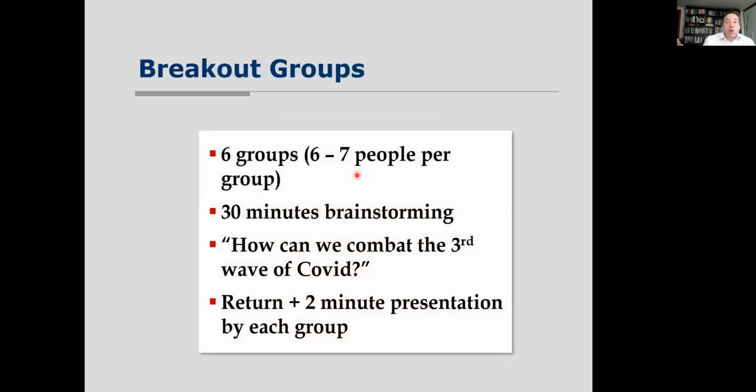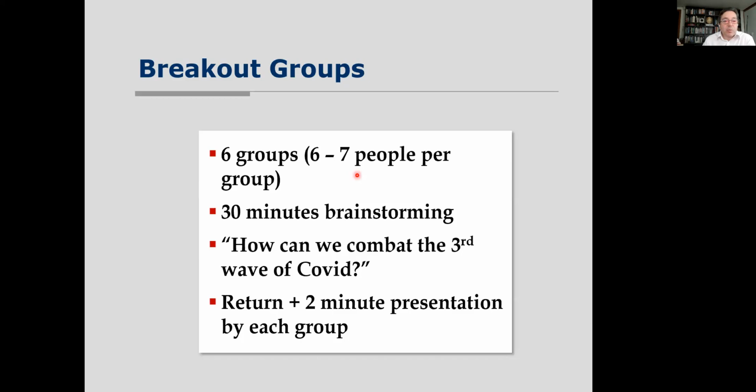So what we're going to do now is practice a little bit of this ideation concept. I don't think we have 30 minutes for brainstorming, so we might make it 20 minutes. We're going to get into 6 groups, maybe 7 or 8 people in each group.